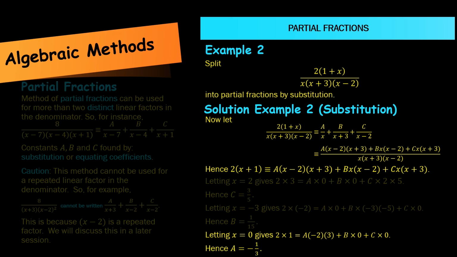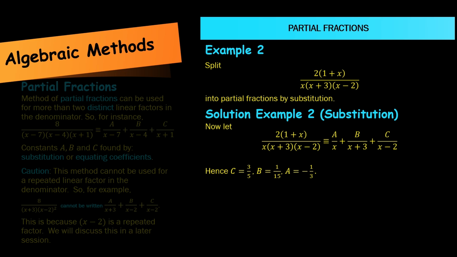And this gives us a equals minus 1 over 3. And therefore, c equals 3 over 5, b equals 1 over 15, and a equals minus 1 over 3. These can all now be plugged in to give us this expression here for our fraction.